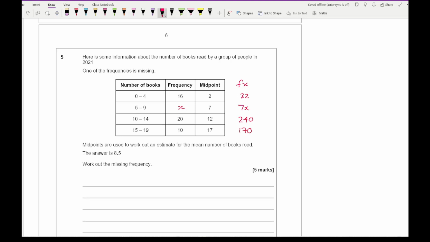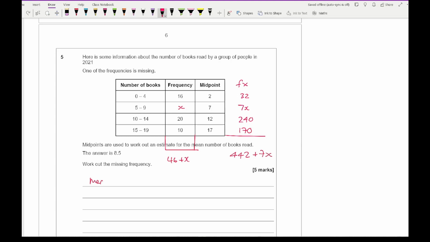Then to work out the total frequency, well, that's going to be 46 plus X, and the total FX value, well, if I add up all those numbers, it's going to be 32 plus 240 plus 170, gives me an answer of 442 plus 7X.